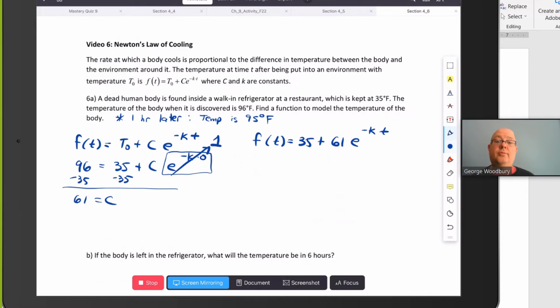And we want to solve for k, to find out what that rate is. One hour later, when t is 1, the temperature is 95. So we can substitute those two in to figure out what k is. 95 equals 35 plus 61 e to the negative k times 1.